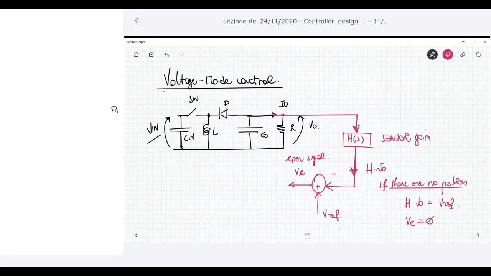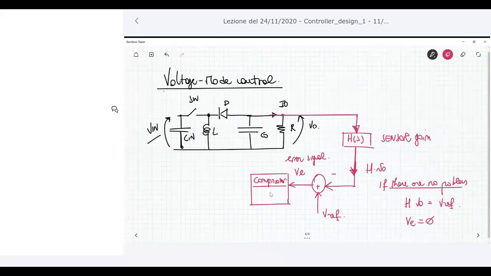For example, a positive error signal means that your output voltage is less than the output voltage you want to get. If the error signal is negative, it means that your output voltage is higher than the output voltage you want to get at the output. So in order to compensate the variation of the output voltage with respect to the steady state condition, you need a block here which is called the compensator.